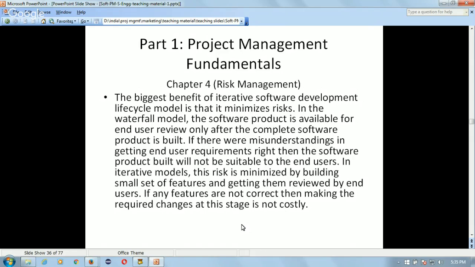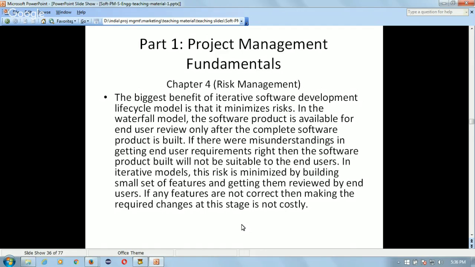Say three, four product features you are developing in say 2 weeks, and then the customer sees these features, and if they find that they need some changes, they are changed immediately. So this way, after every 2 weeks, the customer is able to see what product has been developed, and you can keep developing the software product this way.